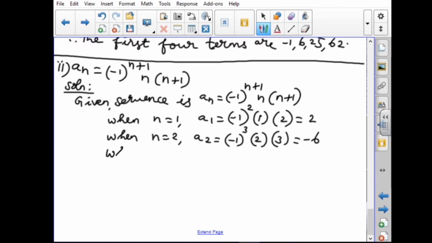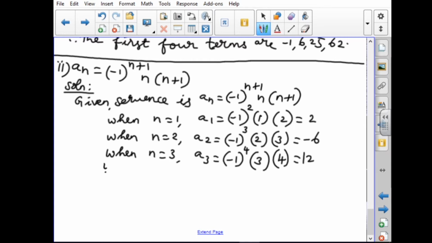When n equal to 3, a3 equal to minus 1 power 3 plus 1, 4, then 3 into 3 plus 1, 4. Minus 1 whole power 4 means we get plus 1. So the answer is 12.